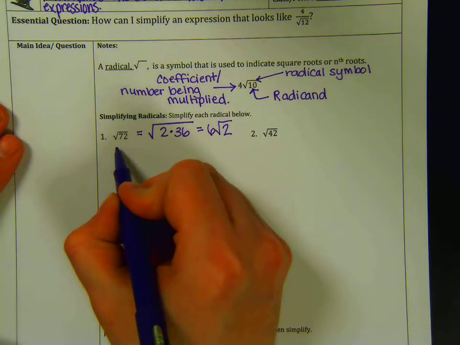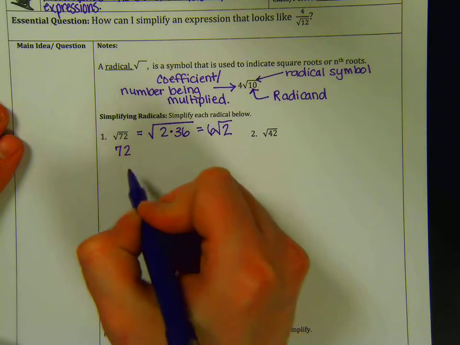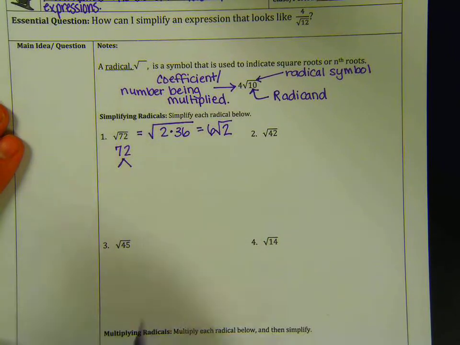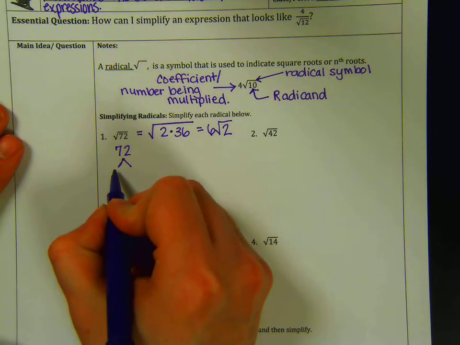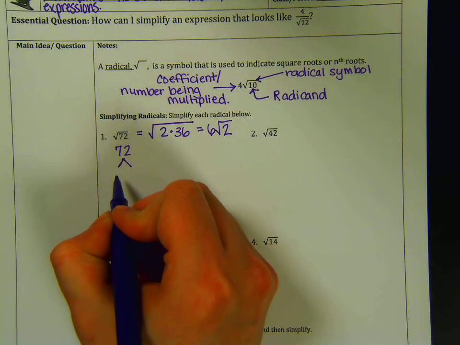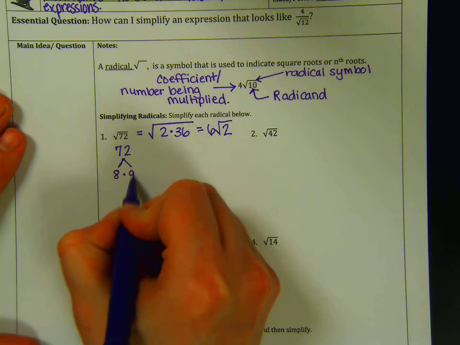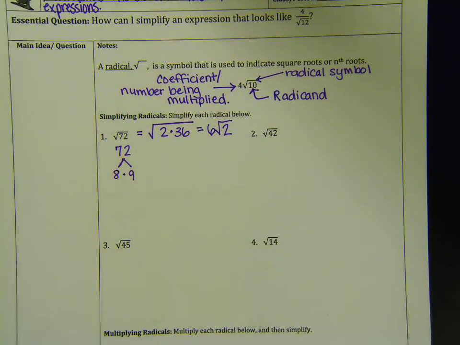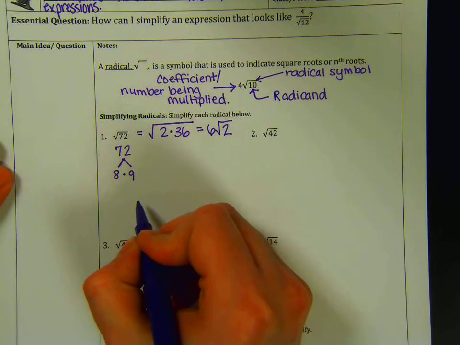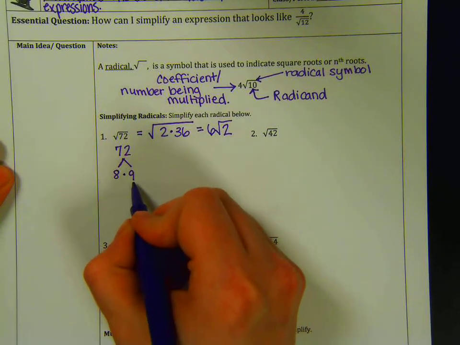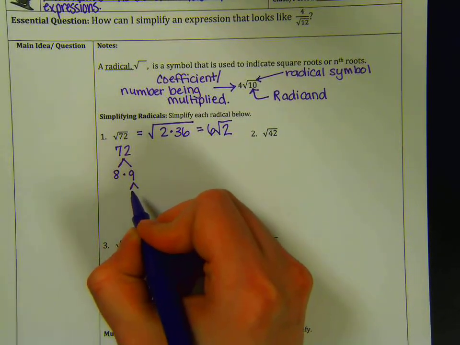Another way is to rewrite 72 into its factors. So I'm going to create a factor tree. And 72 can be written as, well, let's try something else instead of 2 and 36. Let's try 8 and 9, for example. So 8 times 9 is 72. Now I cut these up into smaller pieces as well. So what times what gives me 9?